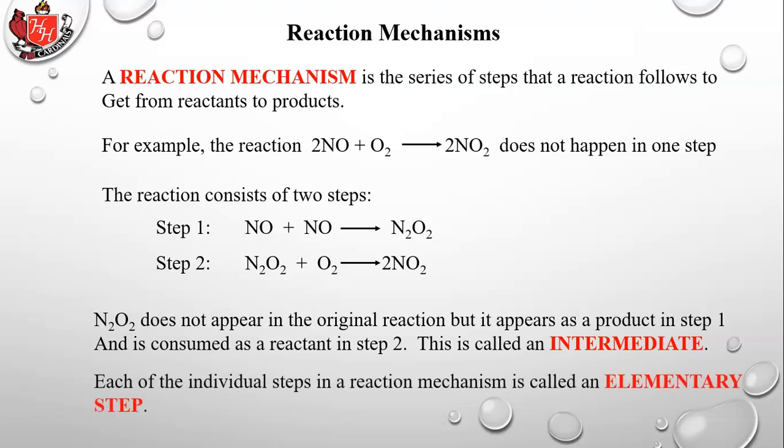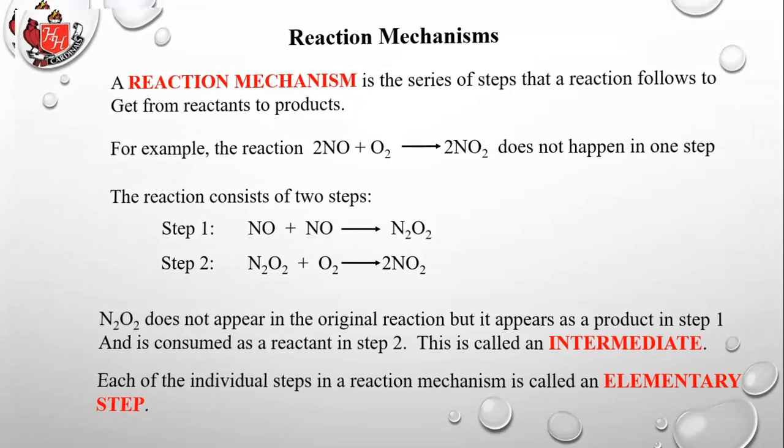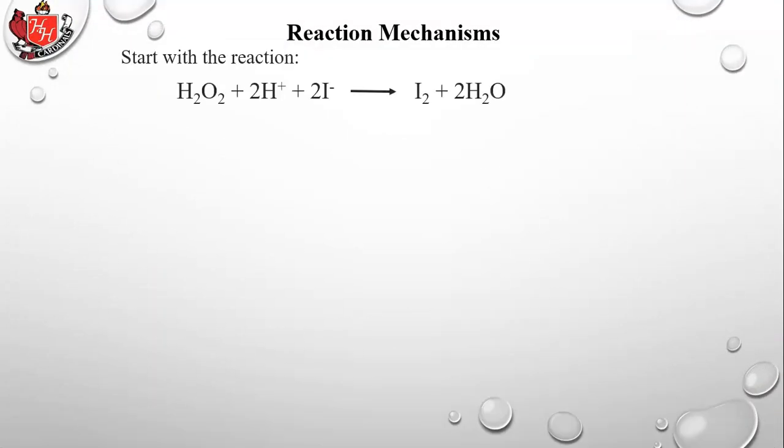Each of the individual steps in a reaction mechanism is called an elementary step. And you're going to learn an important fact about elementary steps on the next slide. So let's start with this reaction. H2O2 plus 2H+ plus 2I- produces I2 plus 2H2O.